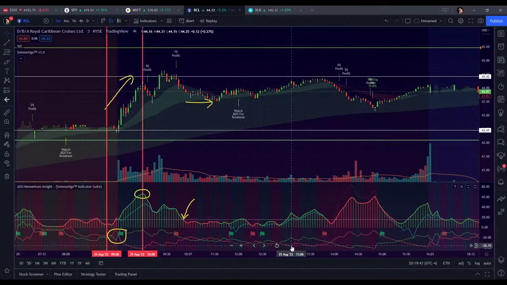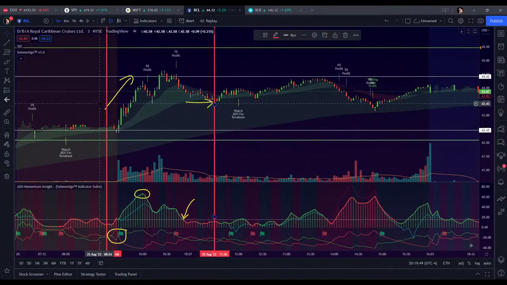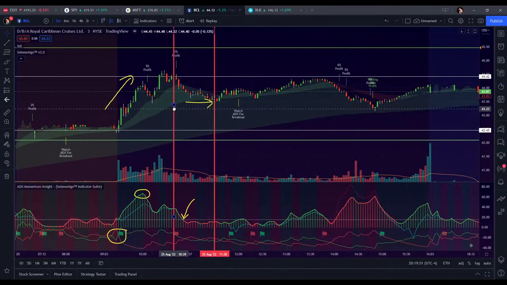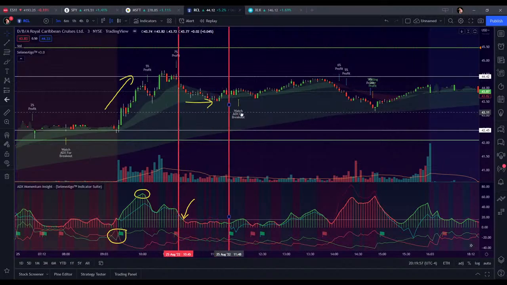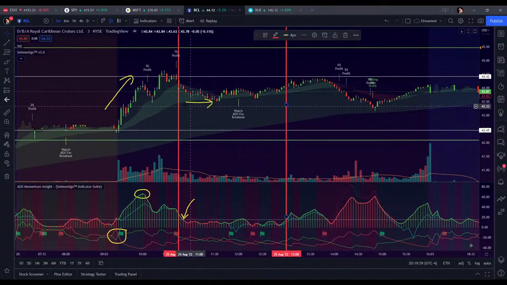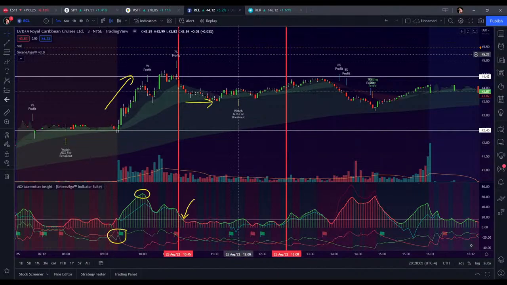If you didn't have this and were just looking at candles, at the first pullback you might paper hands out of the trade and want to sell. Whereas if you're looking at ADX and you can see that the momentum is below that 15%, you can have relative confidence that it's not going to make any drastic moves underneath that level.